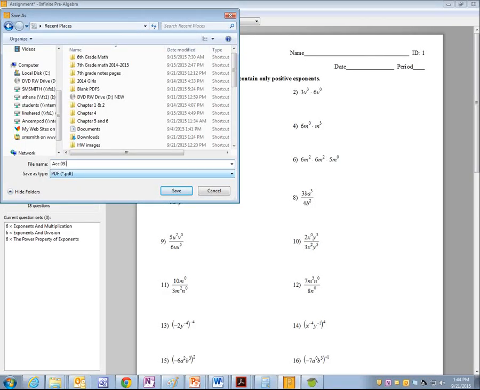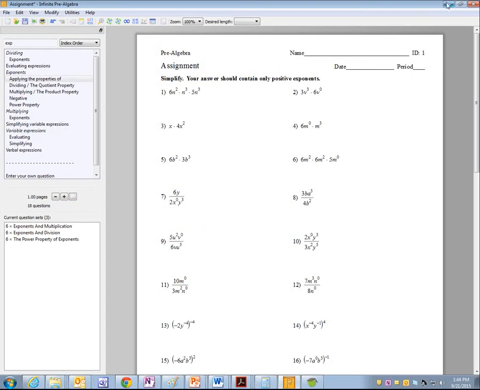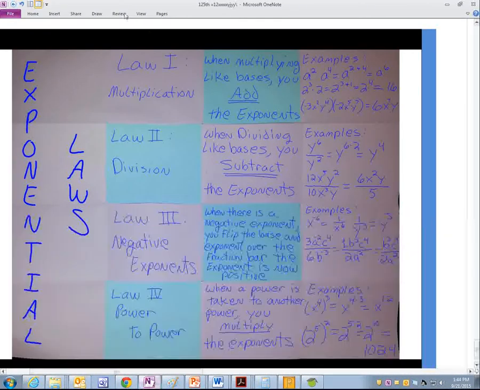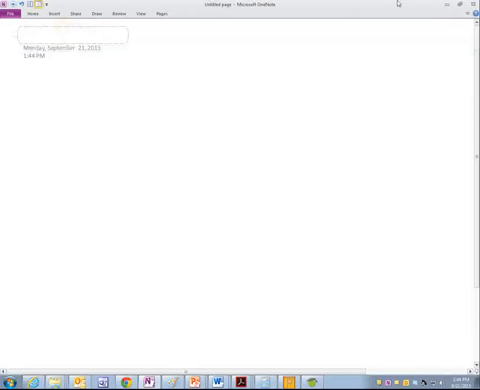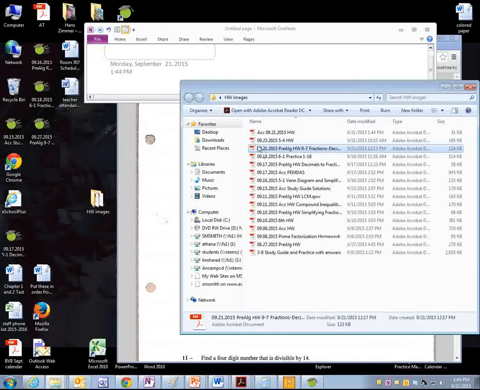Accelerated 09/21/2015 homework. Time's running out. Pages. New page. Homework images.